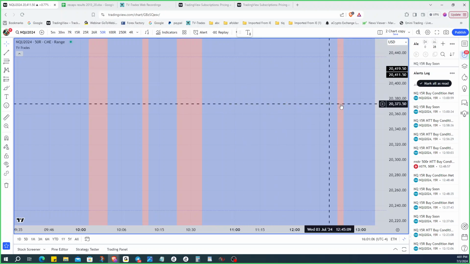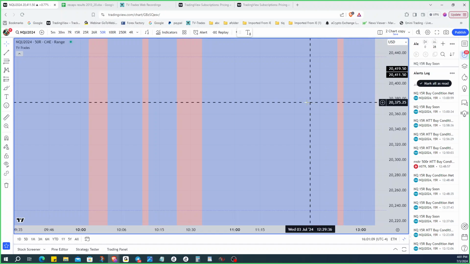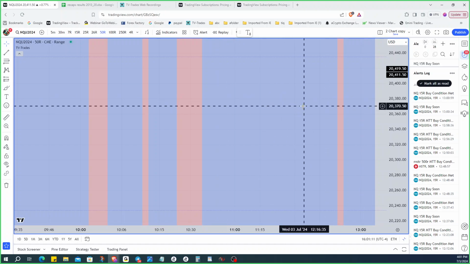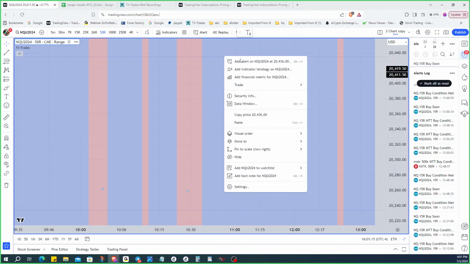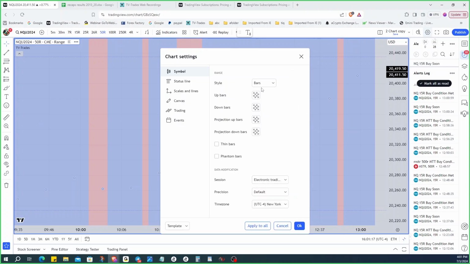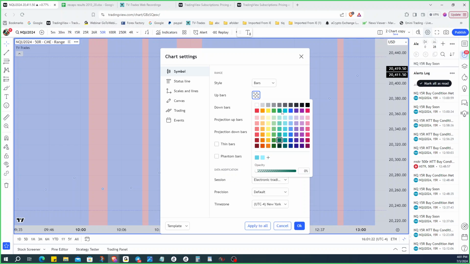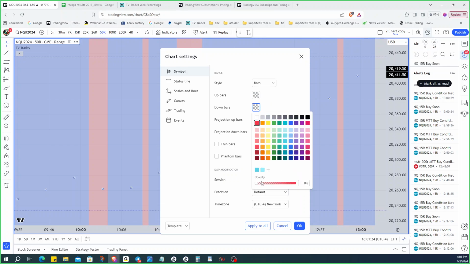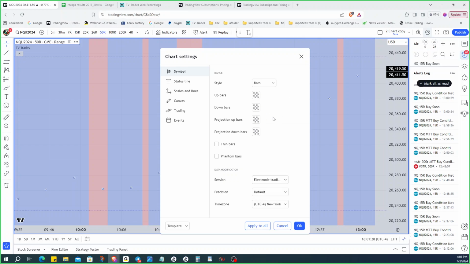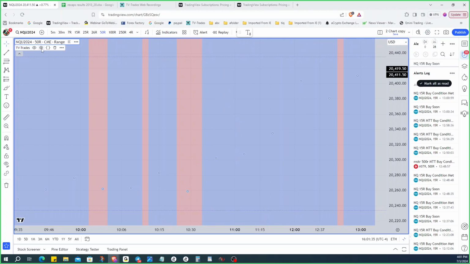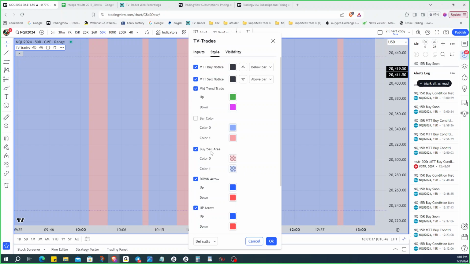The larger time frame is suggesting bullish, still bullish, bullish, bullish. So you're looking for bullish on the shorter time frame. So again, right click, go to settings, and set all these opacities to 0. Then make sure up here on your TV Trades that the only thing you're showing is a buy sell area.